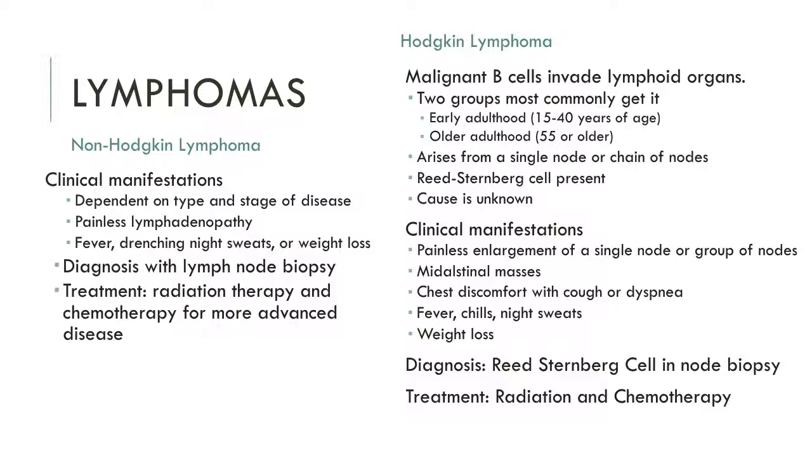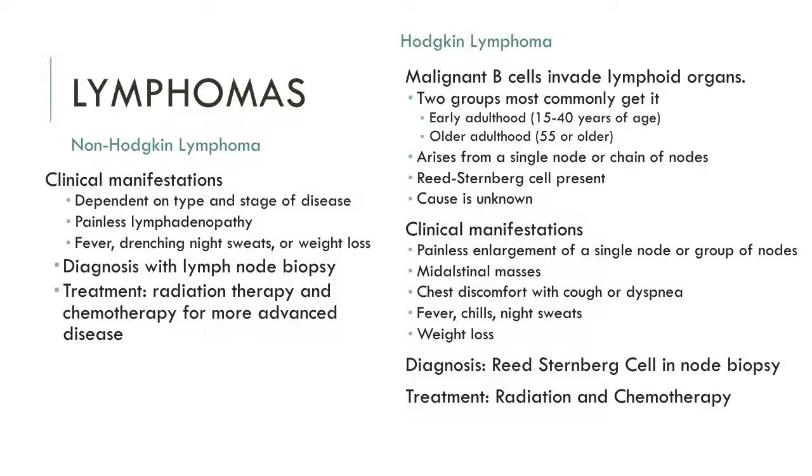And the clinical manifestation is that there is a painful enlargement of a single node or a group of nodes. And there's often mediastinal masses that will cause chest discomfort with cough or dyspnea. There's fever, chills, and night sweats, but not as bad as the night sweats that come with the non-Hodgkin's lymphoma. And there's also weight loss associated with it.